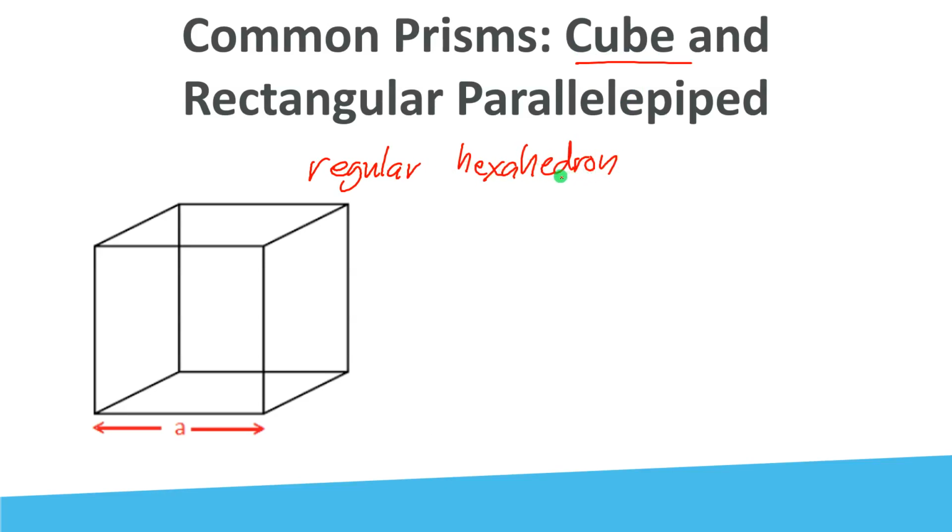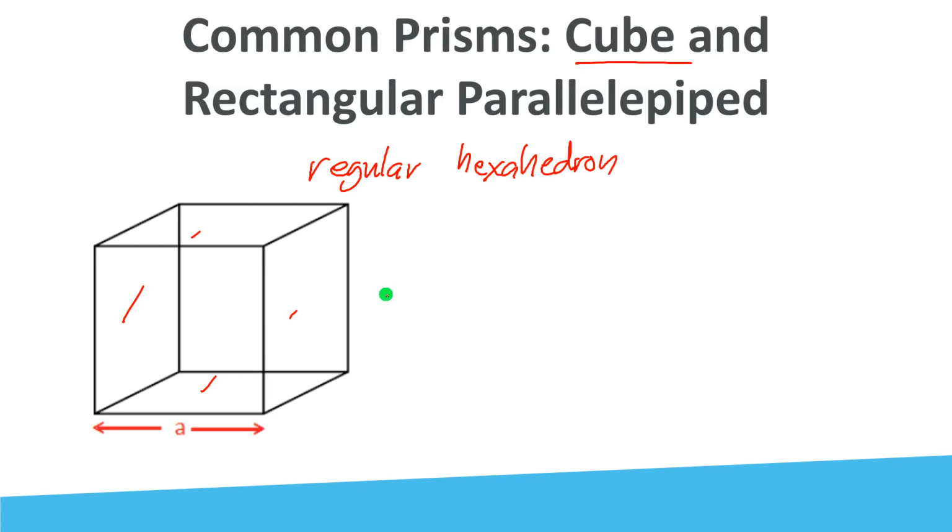A regular hexahedron is a polyhedron whose 6 faces are all squares, or all of these faces are equal. All sides are equal, all faces are equal.